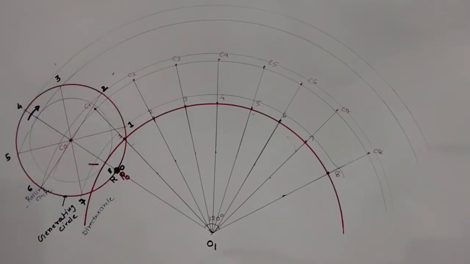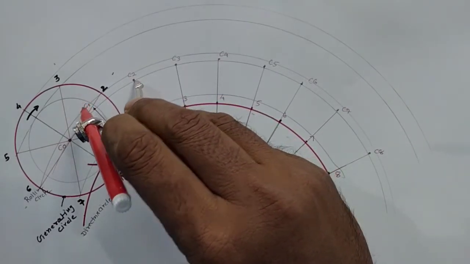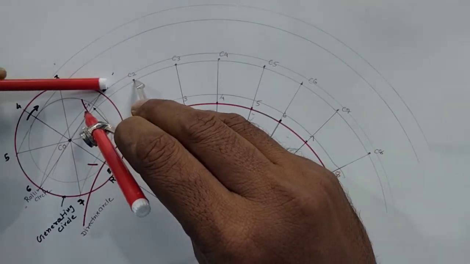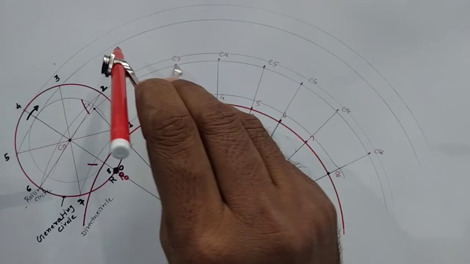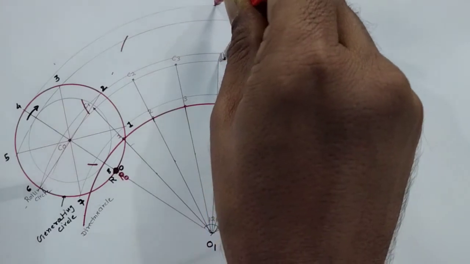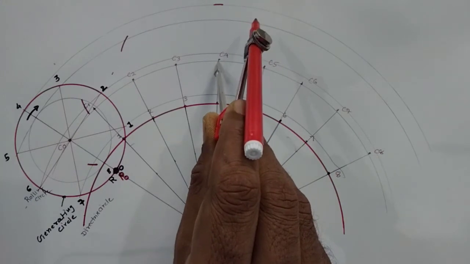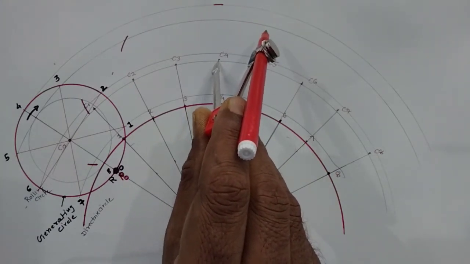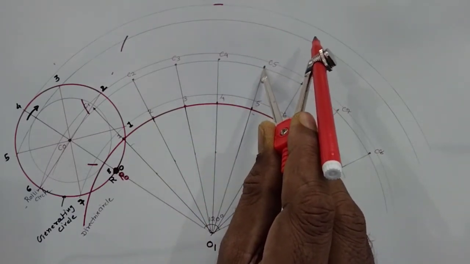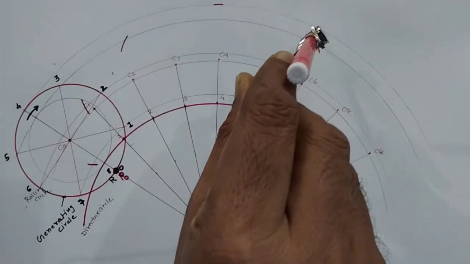Similarly, you can choose your C2 point as the center and draw the arc on the 2 number circle. Then C3 center, you can draw the arc on the 3 number circle. C4 is a center, you can draw the arc on the 4 number circle. After the half revolution, we change the direction of the arc because our point R is on the right hand side. So we first select our C5 point as a center and draw the arc on the 5 number circle.